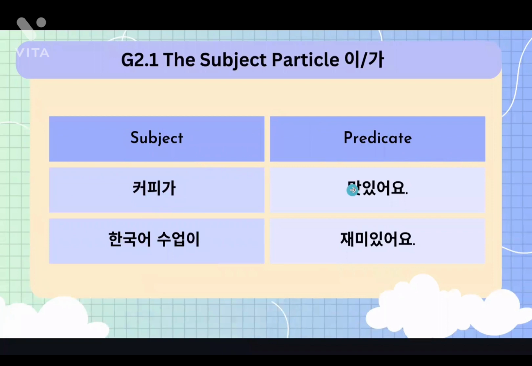So 커피가 is divided, and then 맛있어요. After 가, it is the predicate. 그래서 맛있어요. 자, 한국어 수업이 is divided. After 이, 재미있어요. Interesting. 그쵸? So this part is the predicate. 그렇죠? So please remember well. All right, then let's go to the next page.